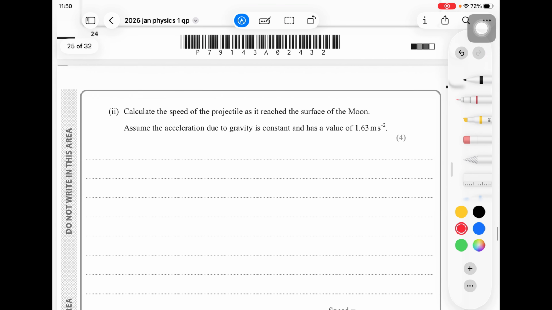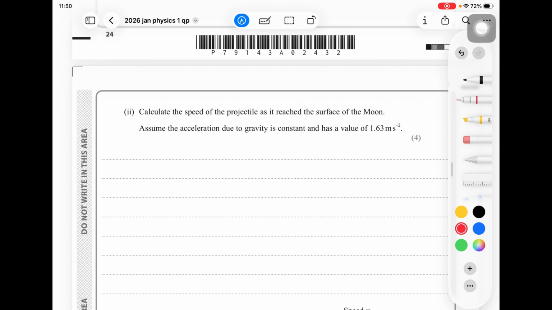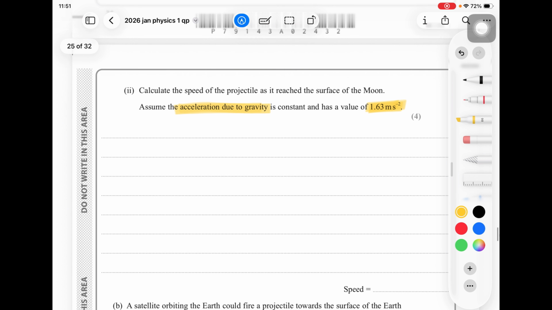Now they're asking to calculate the speed of the projectile as it reaches the surface of the moon. On the moon, the acceleration due to gravity differs, which is this.